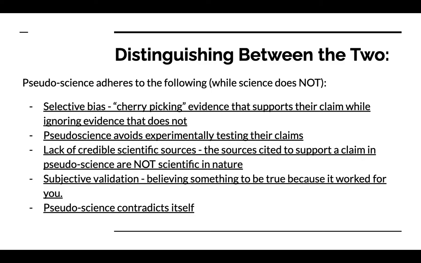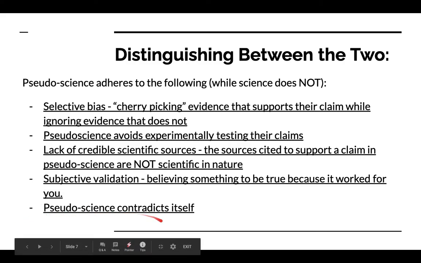So with the flat earth people, they tend to have some crazy out there beliefs that, if you dig hard enough, will contradict themselves. And then again, in the rare case that they do try to experimentally test their claims, as we'll see on the next slide, it turns out their experimental evidence will contradict their claim.